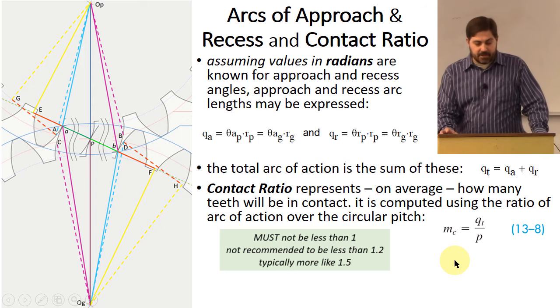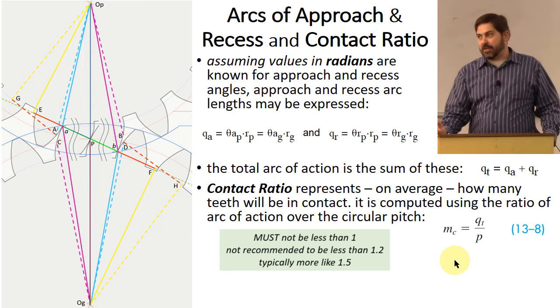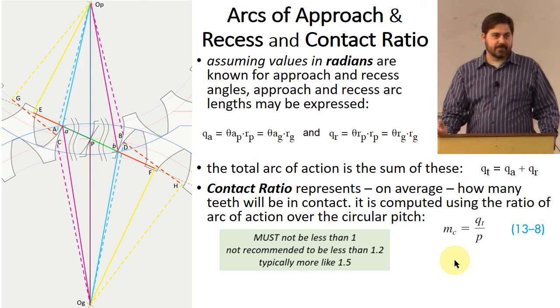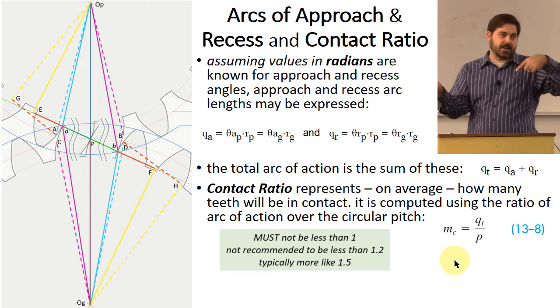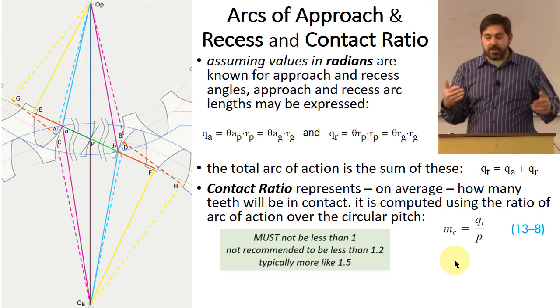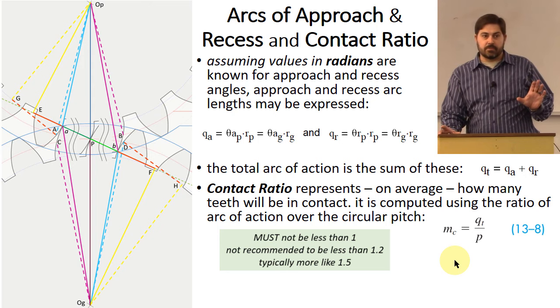Some guidelines here. You must make sure, absolutely, that you never have a contact ratio less than 1. Why is that? Because you will have a tooth leaving contact before the next one comes into contact. That's a bad situation. So a better guideline is that it's a really good idea to make sure it's about 1.2.